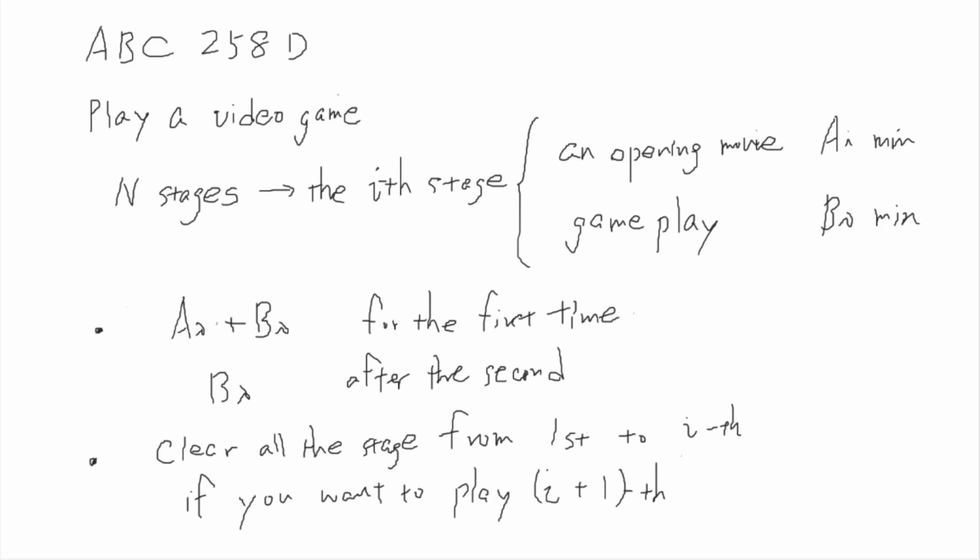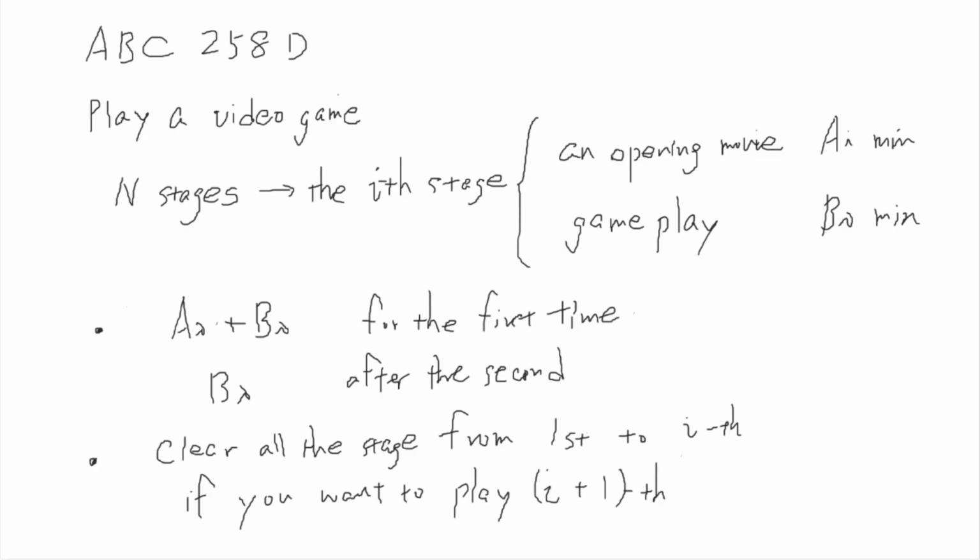You want to play a video game, and the game has N stages. The i-th stage has an opening movie that takes A_i minutes and gameplay that takes B_i minutes.